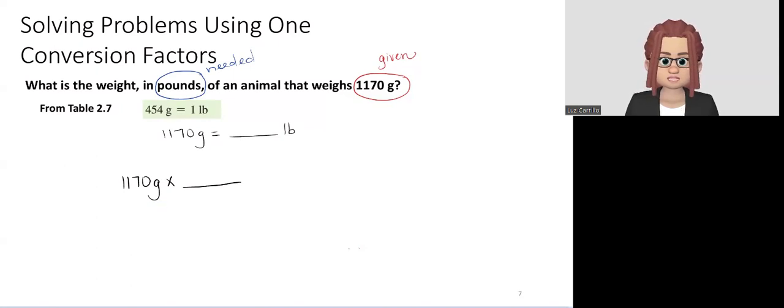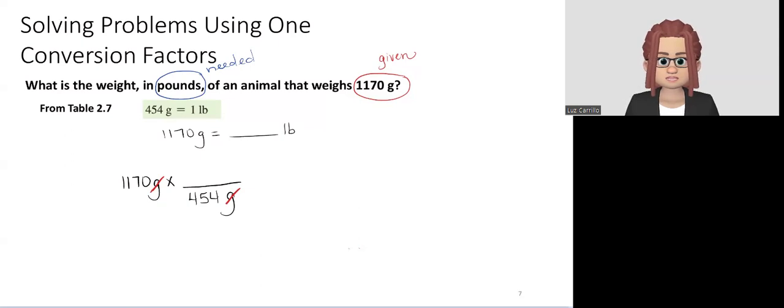So what that means is that I'm going to write in the denominator 454 grams, because by writing it there, that is going to allow, through cross multiplication in a way, in essence, to cancel the units. Grams will be canceled with grams because these are going to cancel diagonally.